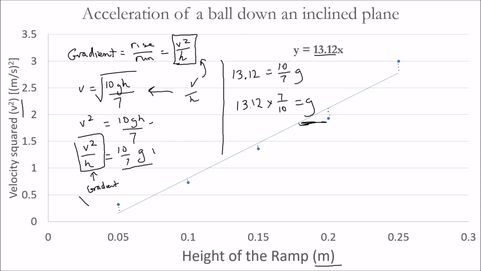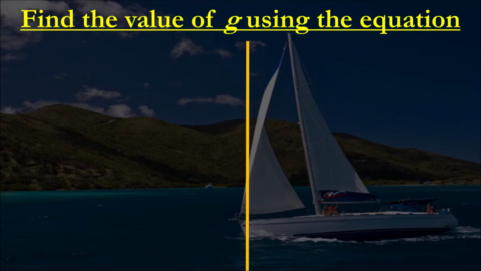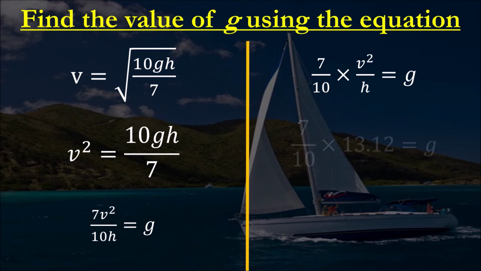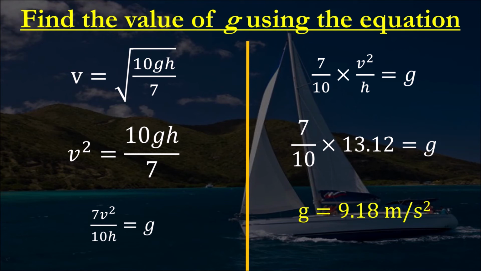So let's have a look what we have. Exact same thing as I talked about here, rearranging everything. You can do your substitution first, there's no right or wrong to that. And I find that my acceleration due to gravity is 9.18 meters per second squared.